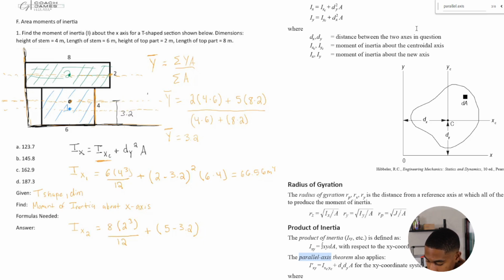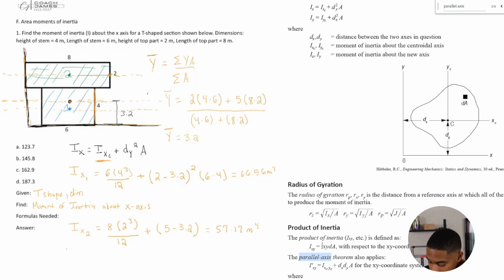All right. So once you total all that up for the moment of inertia for the second piece, you're going to get 57.17 meters to the fourth. All right, but you're not done yet, right?